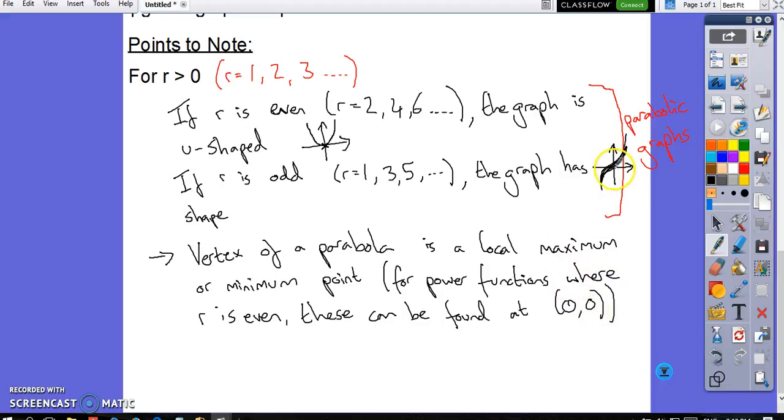If we look at the origin, on the other hand, of the ones where r is odd, we don't have a maximum or a minimum point. We have here what's called a point of inflection.